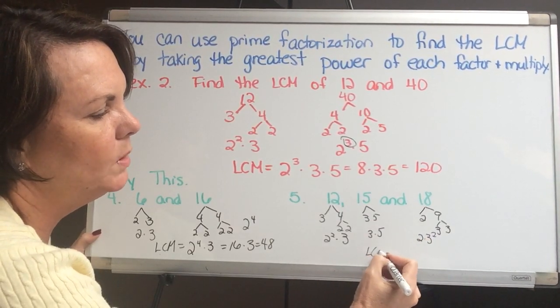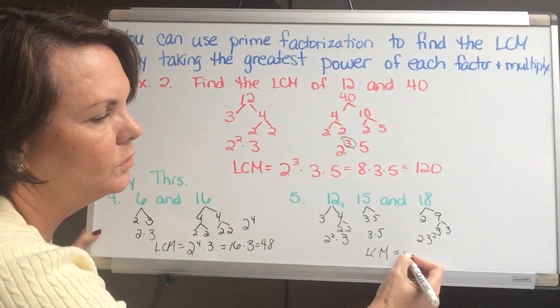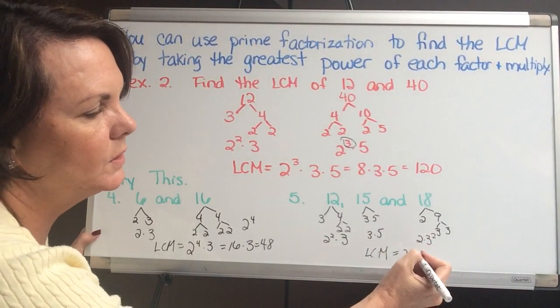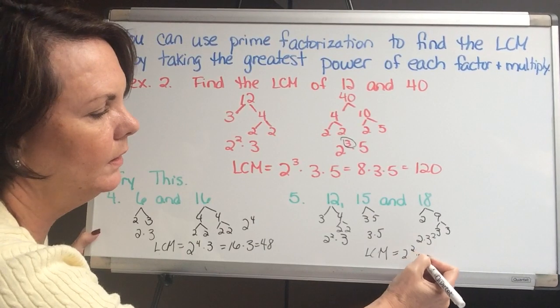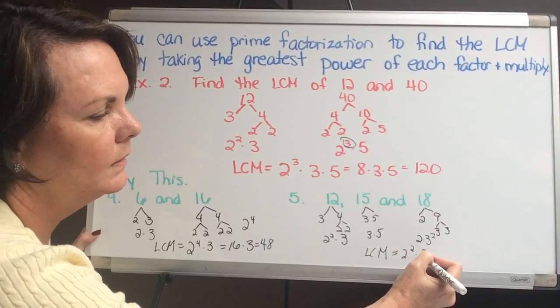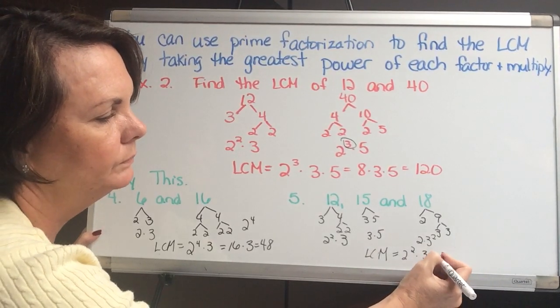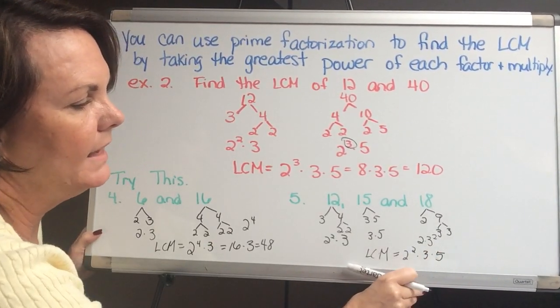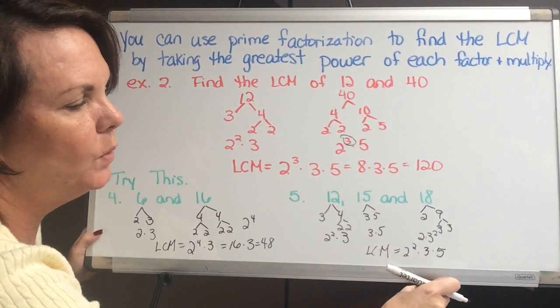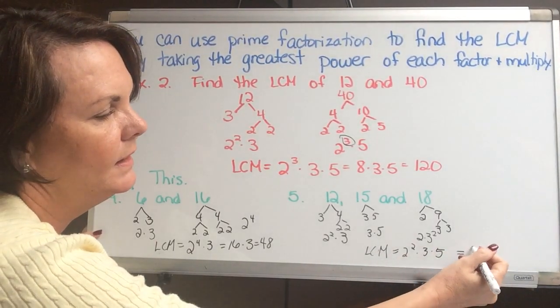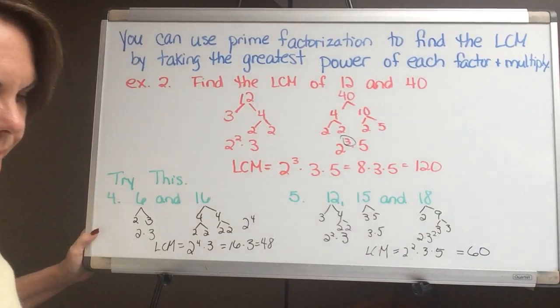And my least common multiple is going to be, I have 2 to the second power or 2 to the first, so I'm going to choose 2 to the second power times 3 times 5. And 2 to the second power is 4, times 5 is 20, times 3 is 60.